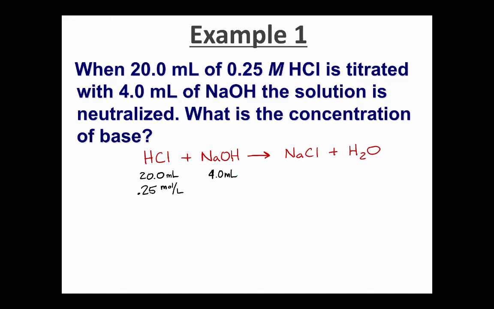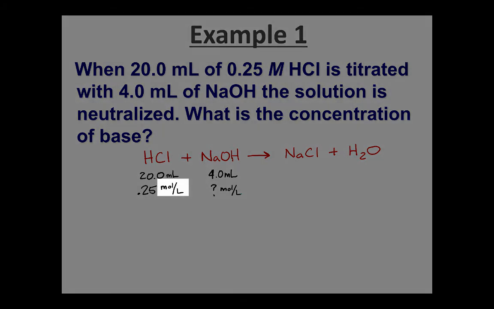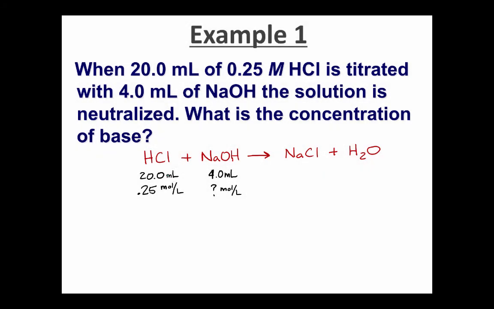And I see that I'm trying to find the concentration, or the molarity, of the NaOH. Now, for a shortcut, I see that molarity is measured in moles per liter, but that the volumes are in milliliters. I'm going to do a quick conversion of milliliters to liters by dividing by 1,000, or moving the decimal 3 places to the left.